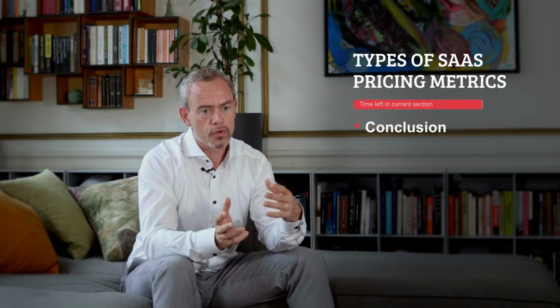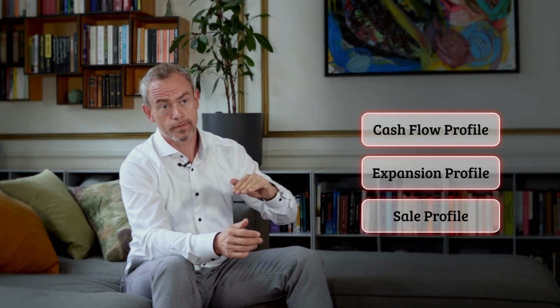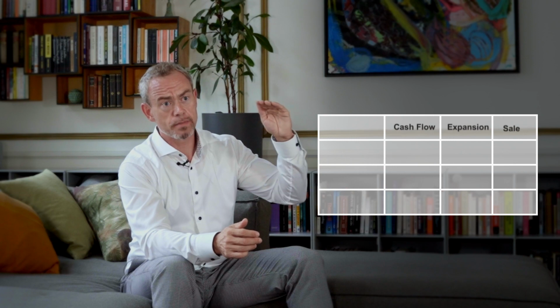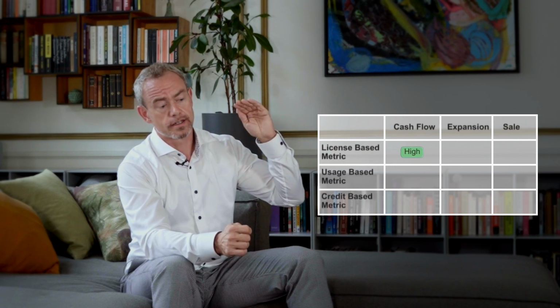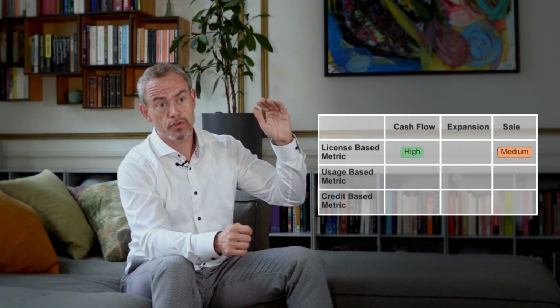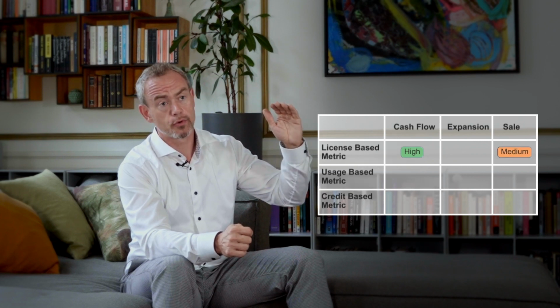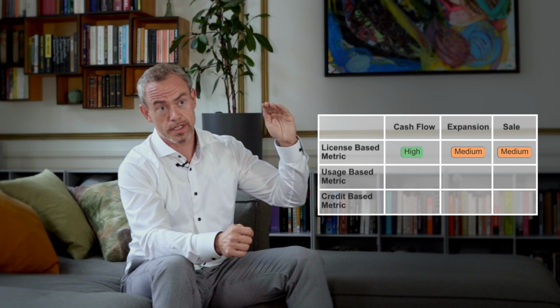So you can almost say that we have these 3 parameters for evaluating these 3 types of metrics, where one is the cash flow profile, one is the expansion profile, and one is the sale profile, and they have different strengths, each of them, right? So you can say, well, the license-based metric is really, really strong on the cash flow profile, is medium strong on the sales profile, and is medium strong on the expansion profile.